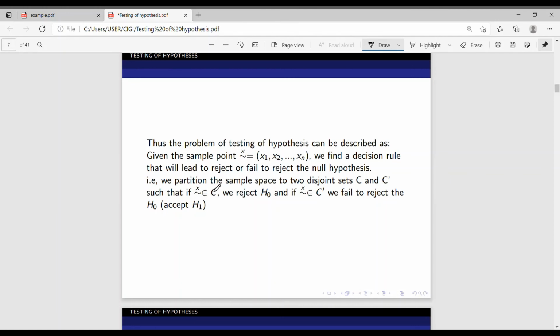That is, we partition the sample space into two disjoint sets C and C dash, such that if our sample point belongs to C, then we reject the null hypothesis with probability 1, and if our sample point belongs to C dash, we fail to reject the null hypothesis H naught, that is we accept the null hypothesis H0.